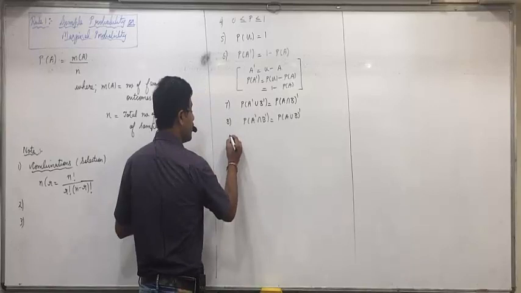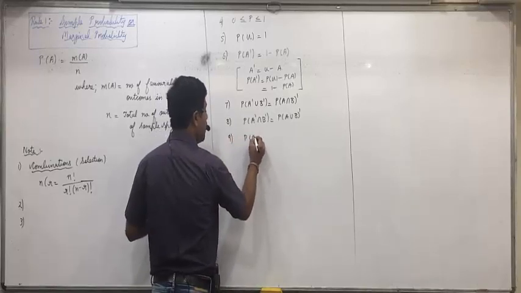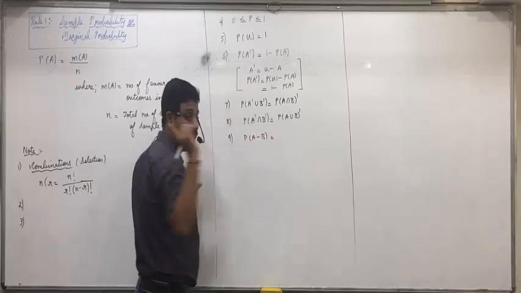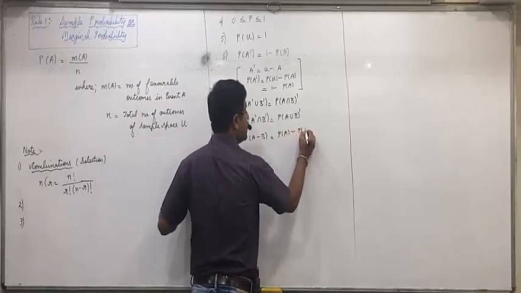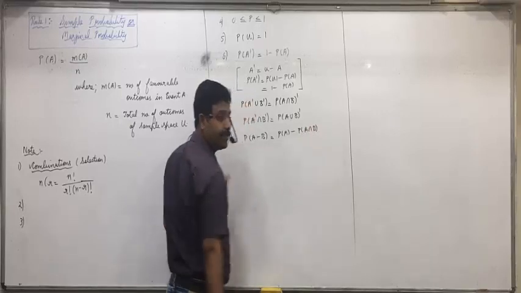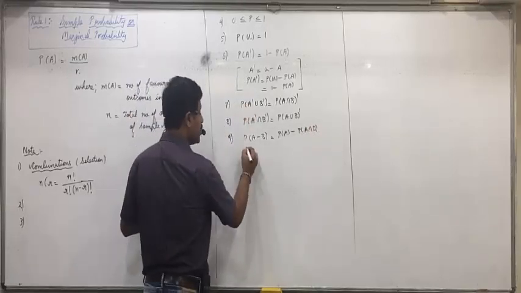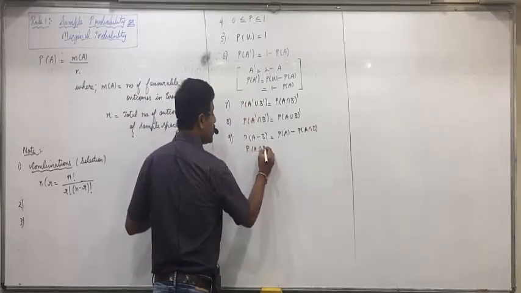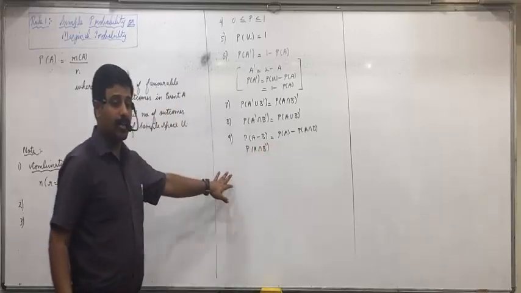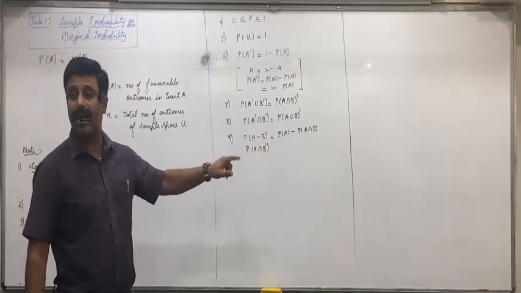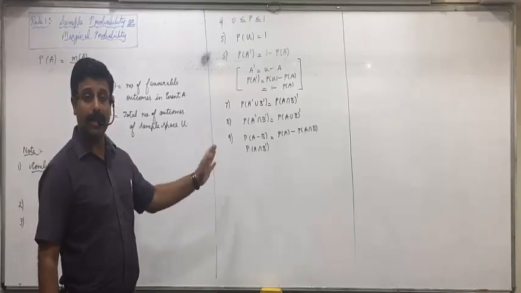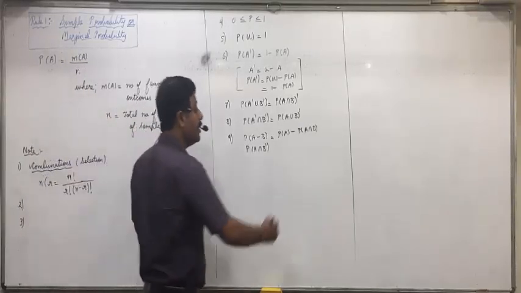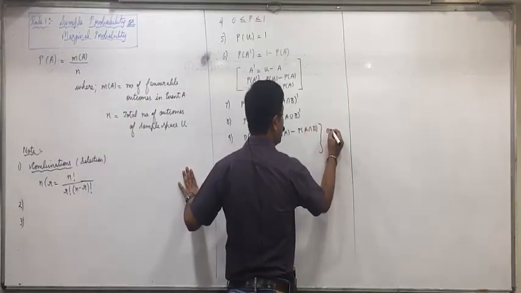Okay, then we studied this, P of A minus B. The difference event A minus B we studied yesterday: A minus A intersection B. Further, it is also called A intersection B naught. That also we studied in the last lecture. Difference event A minus B is also called A intersection B naught. A occurs but B does not occur. And in language you can say only A occurs.